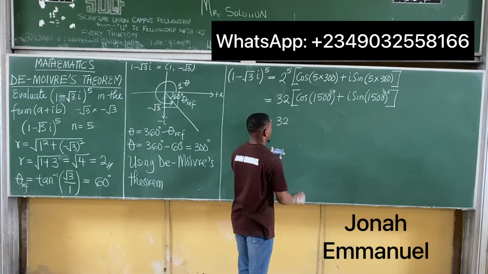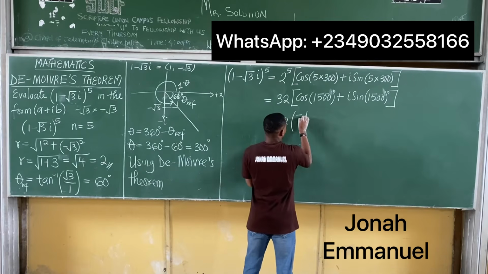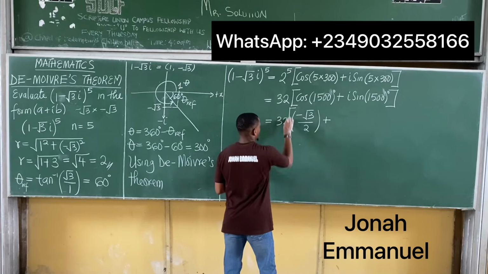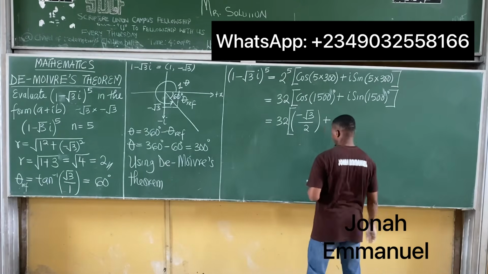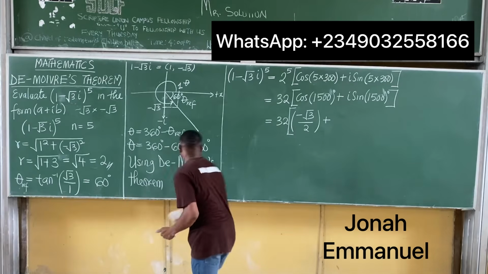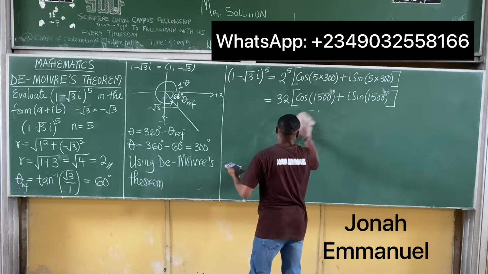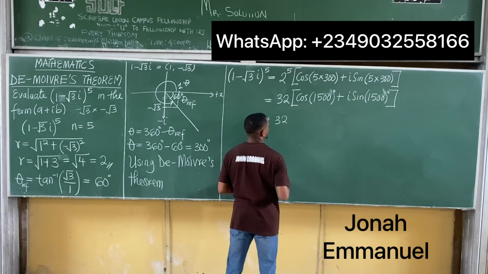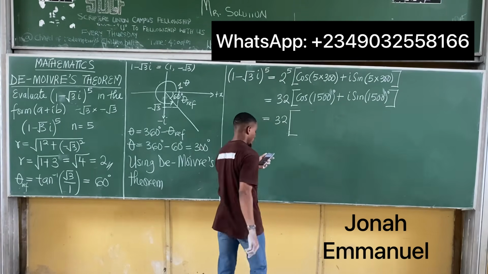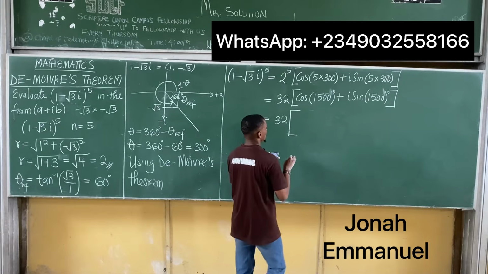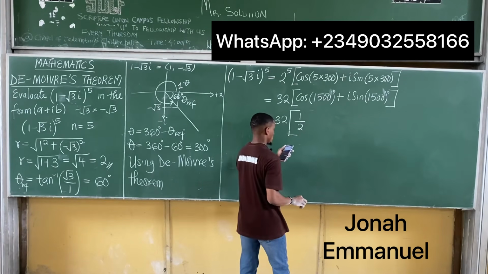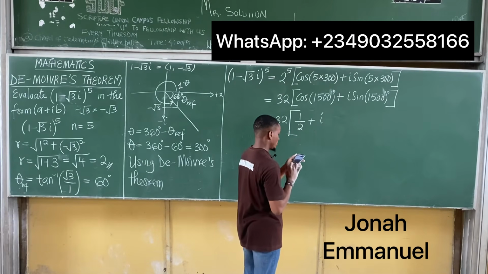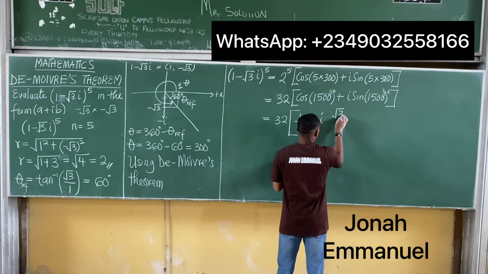That's equal to 32 into, I'm having cos 1,500 is equal to 1 over 2 plus i sine 1,500 is equal to root 3 over 2.